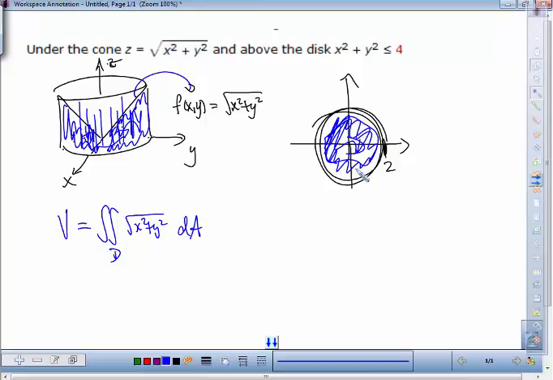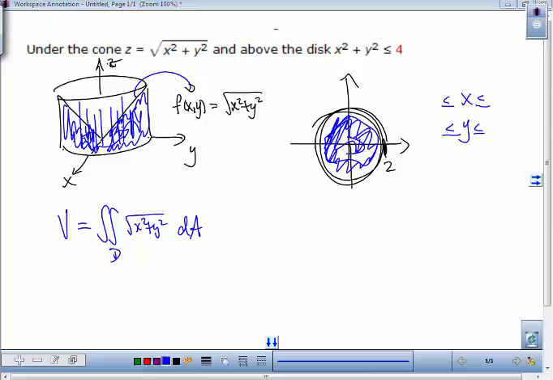And this looks like a circle, and with a circle, it looks like we can integrate with respect to either x or y first. So anybody have a choice? Integrate with respect to x first, and then y. So let's integrate with respect to x first.